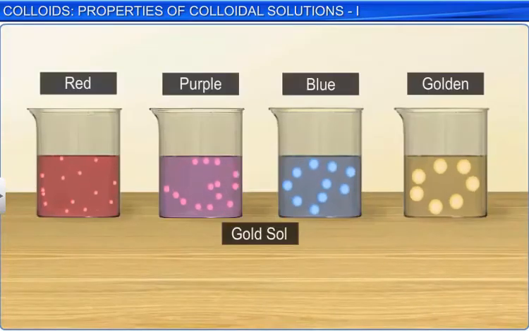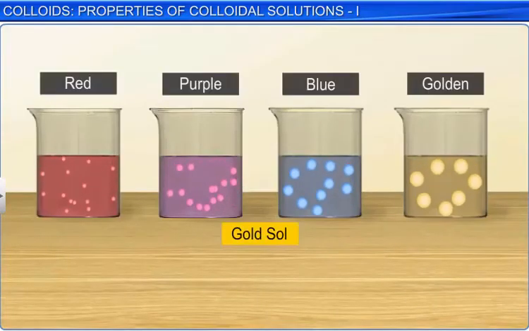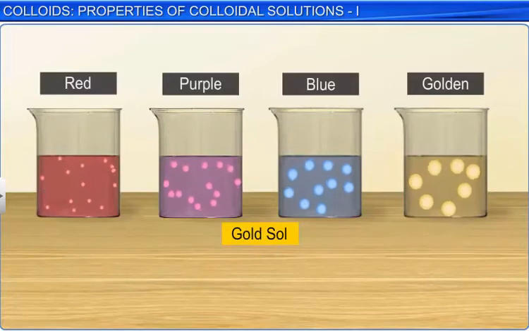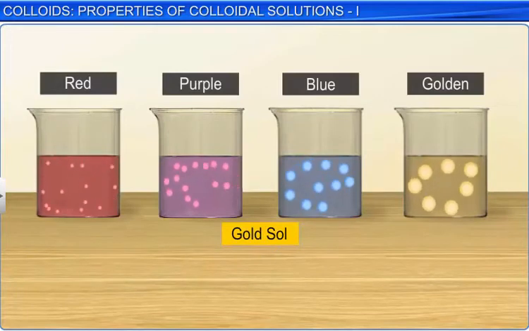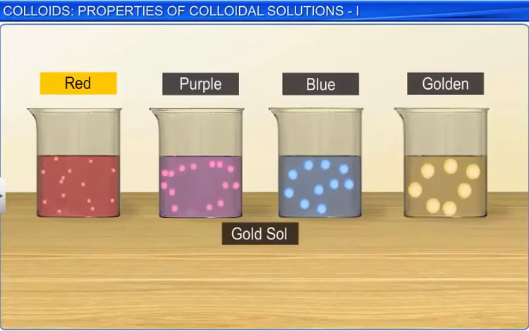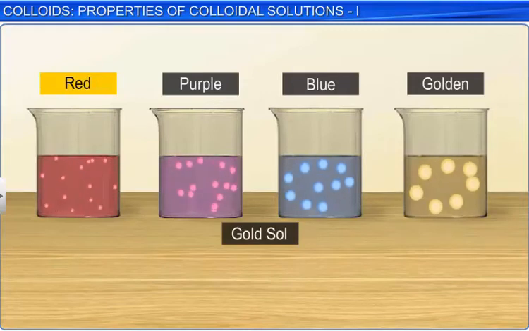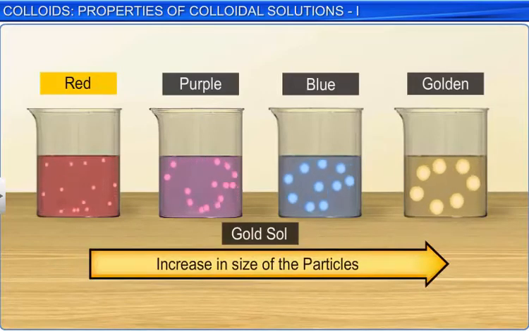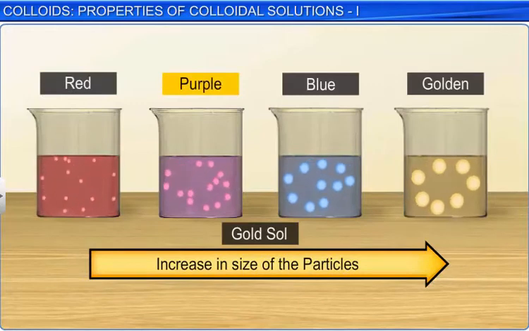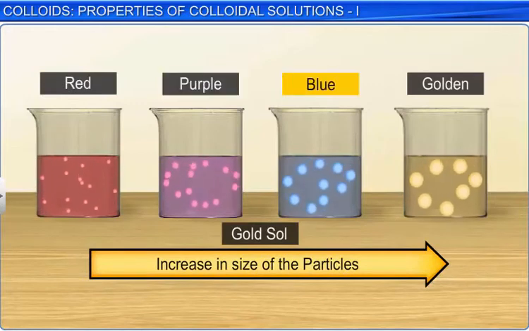For example, in a gold sol, if the particles are very fine, the sol is red in color. But when the size of the particles grows, the color changes to purple, then blue, and finally golden.